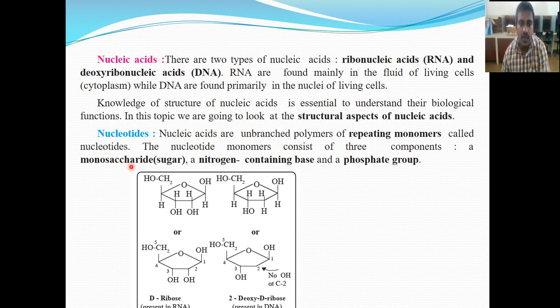Then it contains nitrogen containing bases and a phosphate group. You have to keep in mind that a nucleotide consists of a monosaccharide or pentose sugar, a nitrogen containing base and a phosphate group.